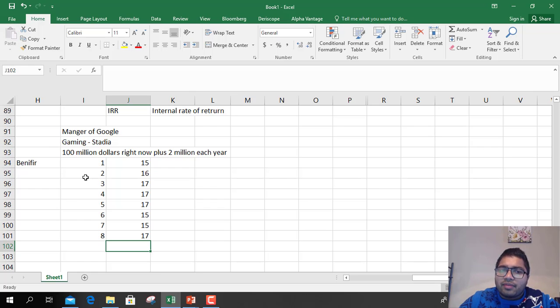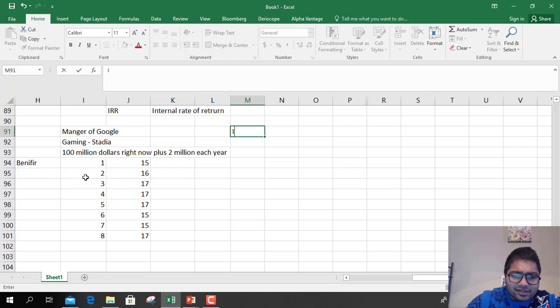So what is happening? You're the manager, the CFO of Google, and the Stadia team is coming to you and saying that we need to increase the gaming business for Google. So we need $100 million right now plus $2 million each year to maintain that platform. And the benefits are going to be across 8 years as given in the benefit profile. So you are looking to raise $100 million for Google to do this project.